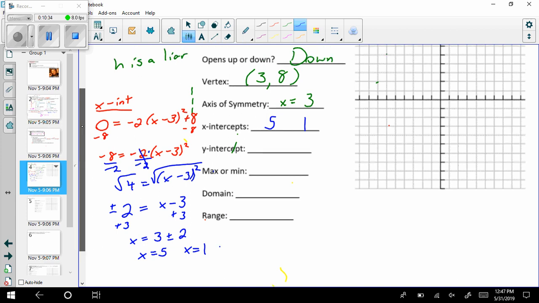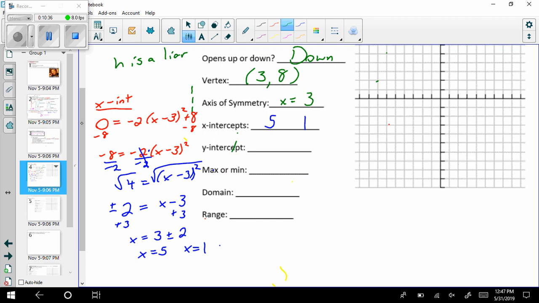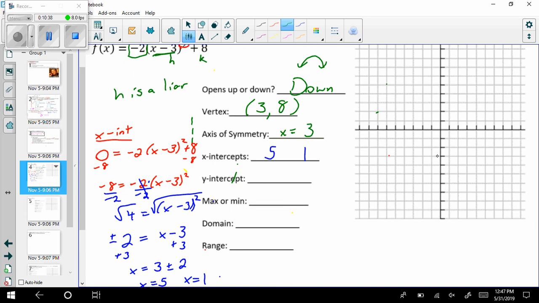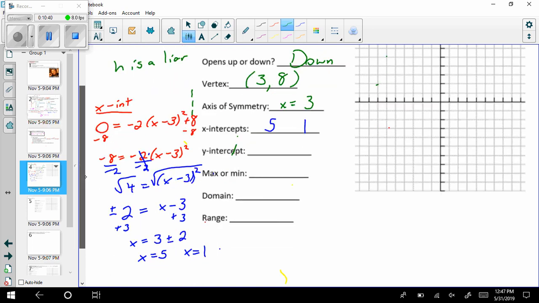If I want the y-intercept, that's way less work. So if I want to know where it crosses the y-axis, this time I put 0 in for x. So if I put 0 in for x and simplify, 0 minus 3 is negative 3.